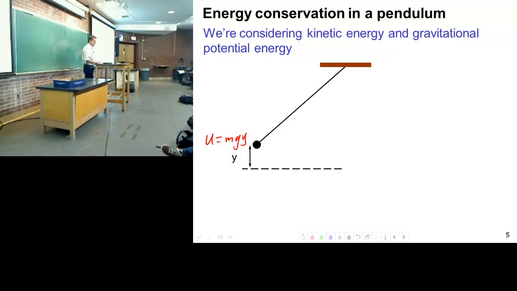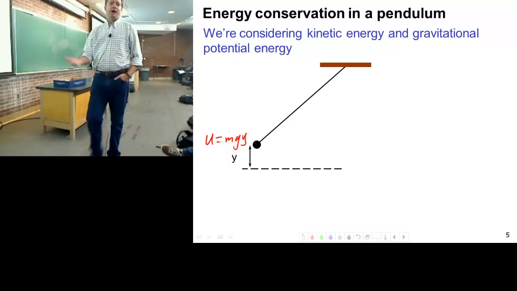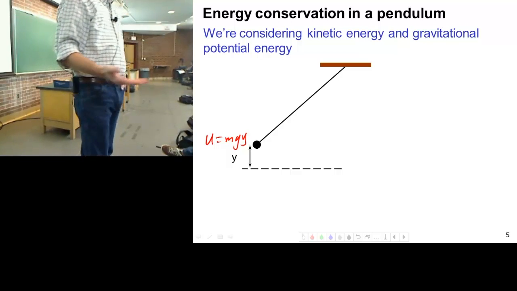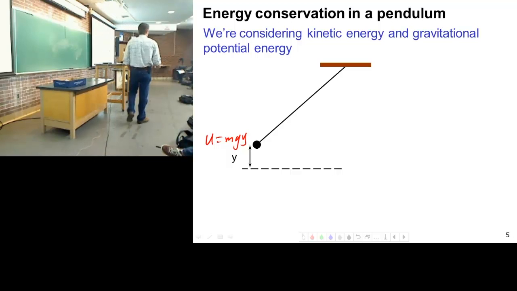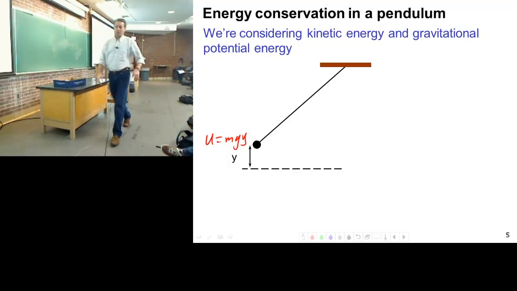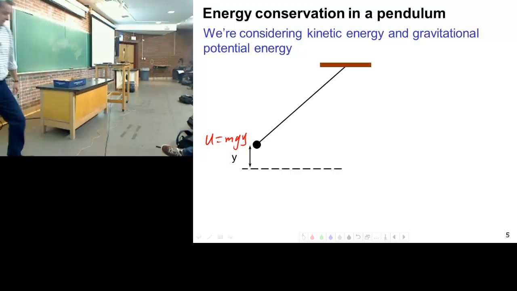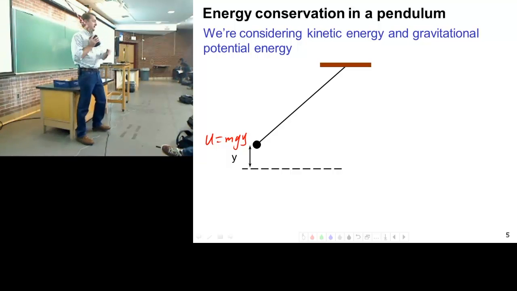The problem is, what is y? When we're dealing with potential energy, we're measuring from where? So if I hold this pendulum out here, is y the distance from here to the floor?